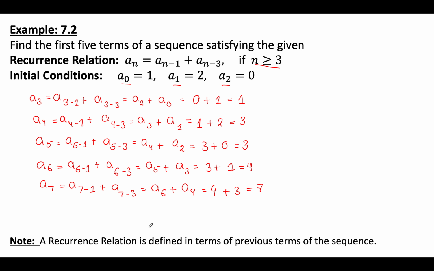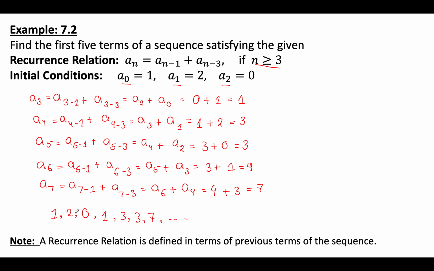Okay, now I got the sequence. The initial conditions here are 1, 2, 0. Then we found A3, 4, 5, 6, and 7, which are 1, 3, 3, 4, 7.